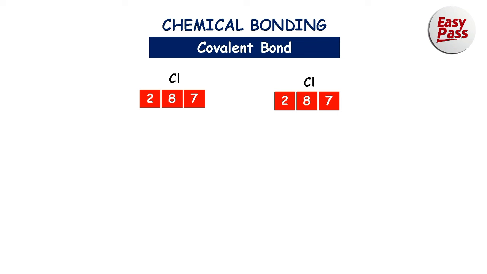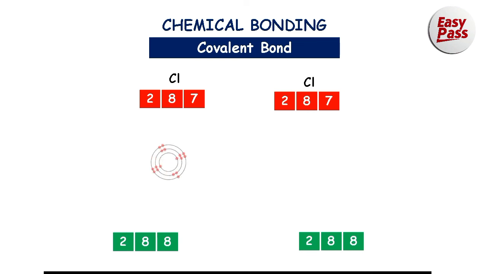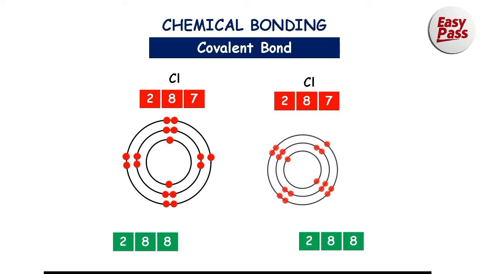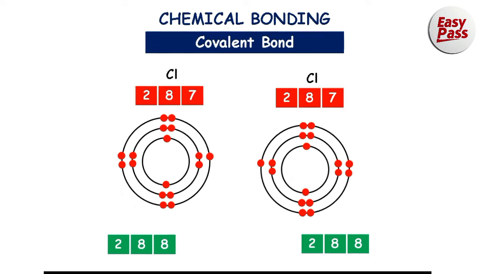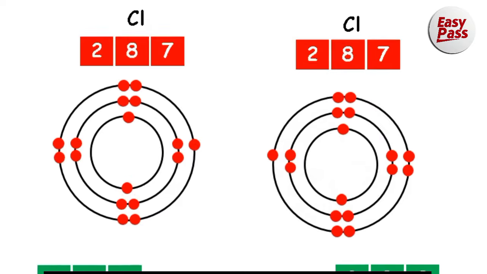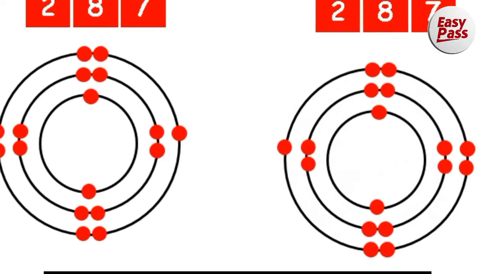What happens is that they both share electrons in the outermost shell instead of donating the electron. We have the electronic configuration of the first chlorine. For this chlorine to transfer to the second chlorine, there is no transfer in covalent bond.